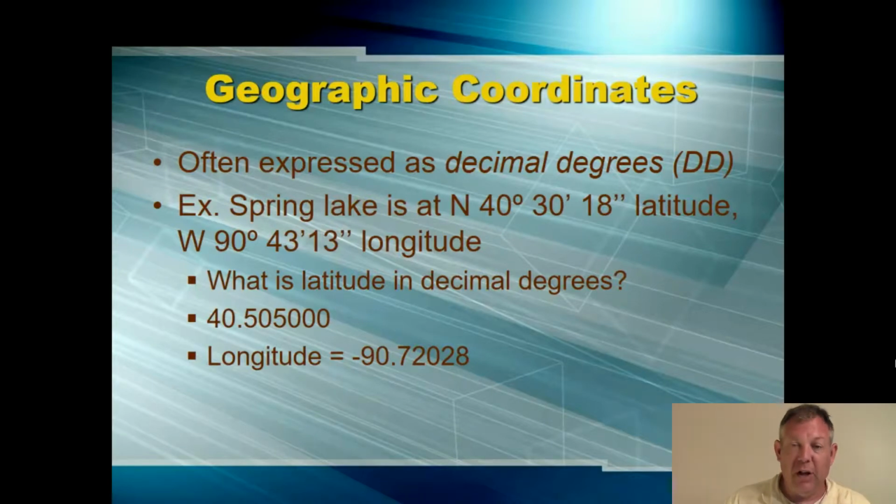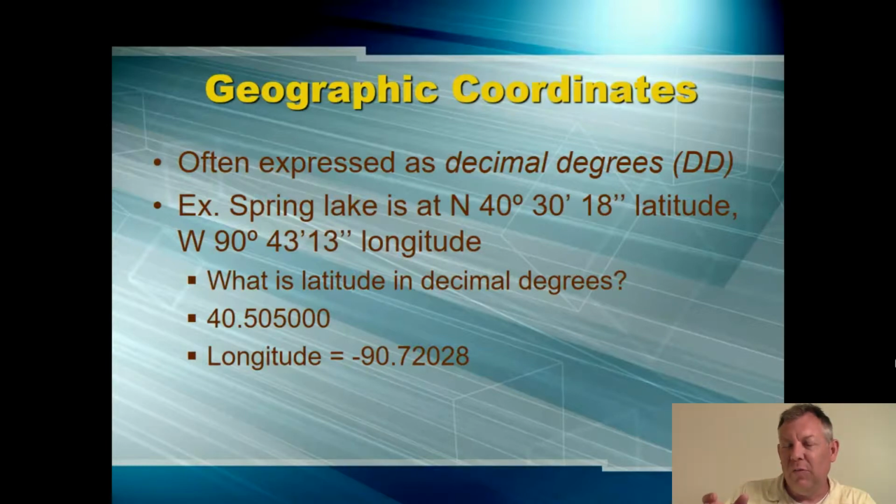And so, for example, if you look at that latitude, the fraction of a degree is represented by 30 minutes, 18 seconds. And one way you can kind of wrap your brain around this is, okay, my fraction of a degree is 30 minutes, 18 seconds. I know that there's 60 minutes in a degree, but I have 30 minutes and some change.